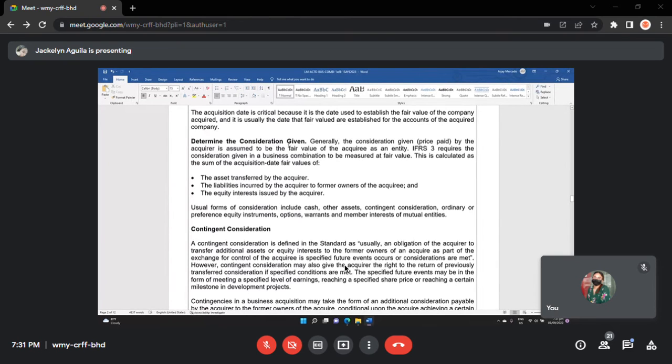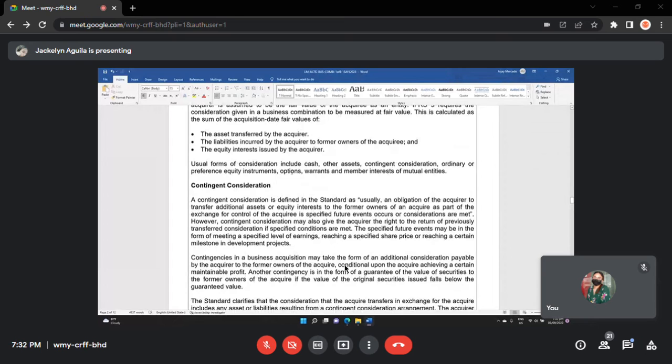This is calculated as the sum of the acquisition date fair values of first, the assets transferred by the acquirer, second, the liabilities incurred by the acquirer to former owners of the acquiree, and lastly, the equity interest issued by the acquirer. Usual forms of consideration include cash, other assets, contingent consideration, ordinary or preference equity instruments, options, warrants, and member interests of mutual entities.